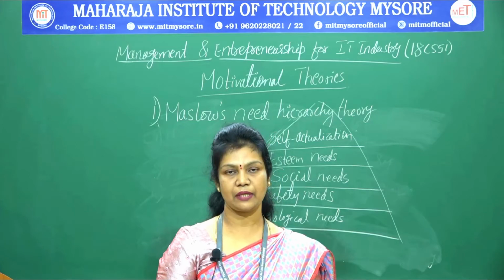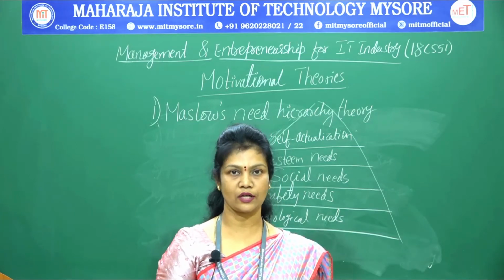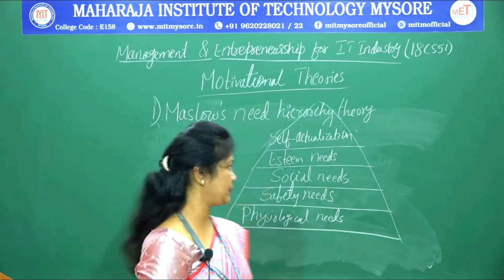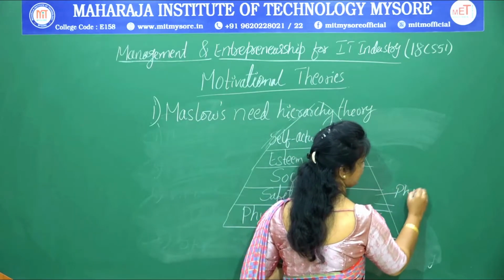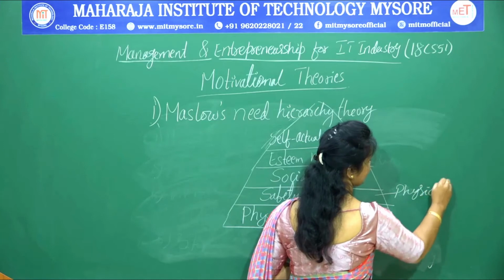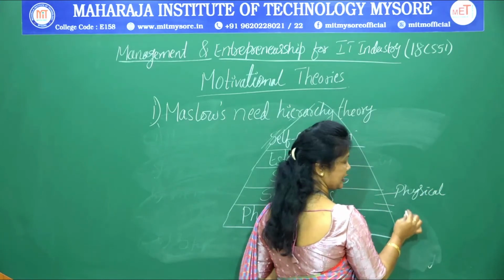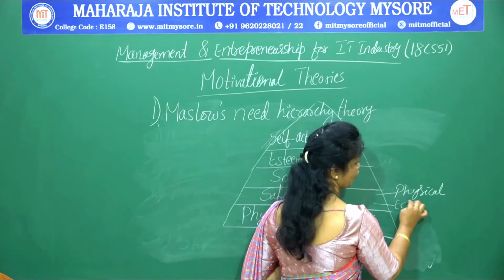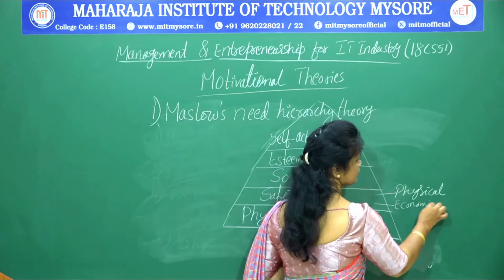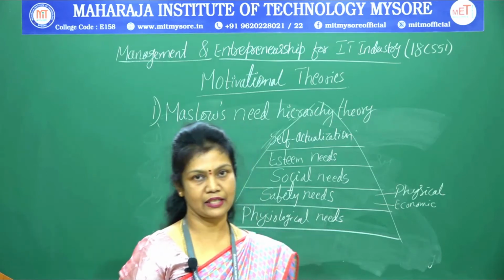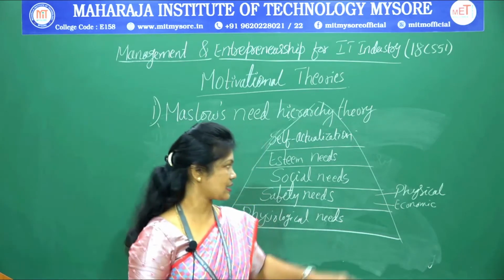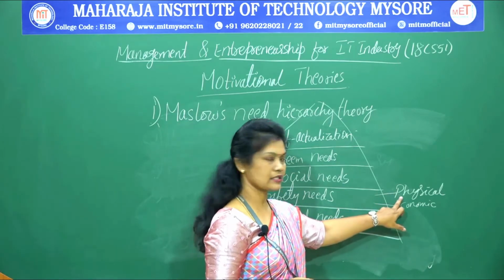The safety can be either physical safety or else economic safety. So they have to have different types of safety measures, right? One is physical and another one is called economic safety. So what is this physical safety all about? They want to be away from threat or violence, that is about the physical safety needs.